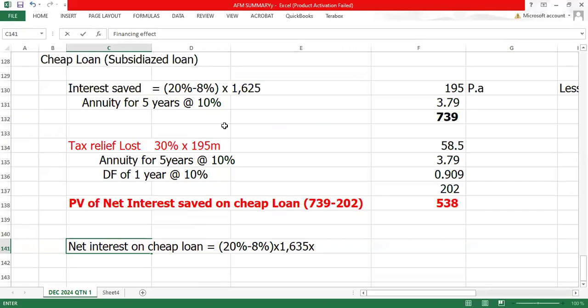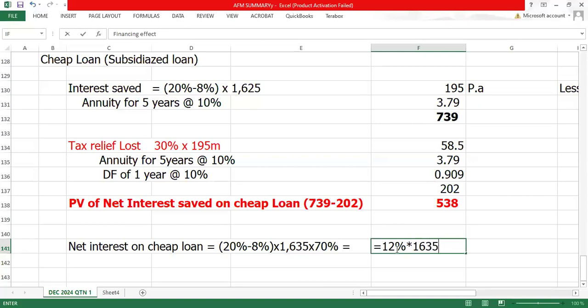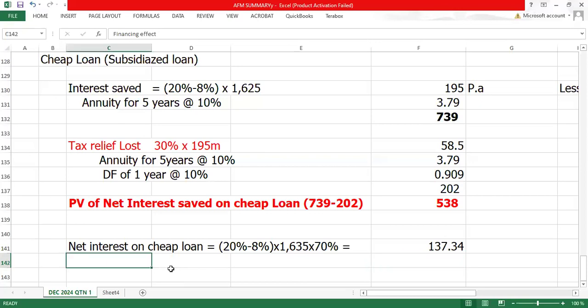Okay, that is the net interest saved. Then times the 70%, just to remove the tax component. But I want to explain where I feel like it's not coordinating. After getting this, he discounted. Just pay attention to how he discounted, which I feel looks not to be coordinating.